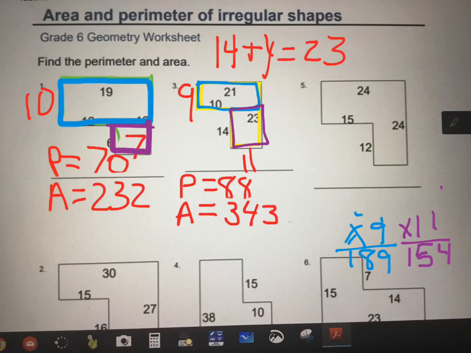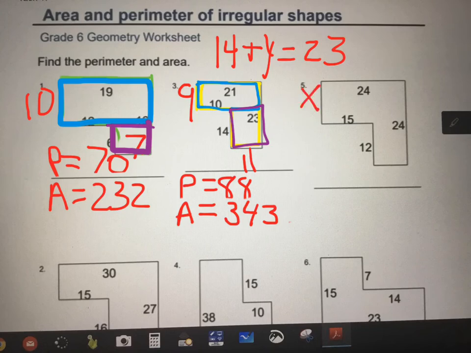Okay, so I'll start you off on the next one, and then you're going to finish it on your own. We'll go ahead and find the missing sides. So there are two. There's one here. We'll call this one X, and we'll call this one Y. X is our vertical going up and down. Here's our other up and down on this side, and here's our total. So X is going to be added to 12 to equal 24.